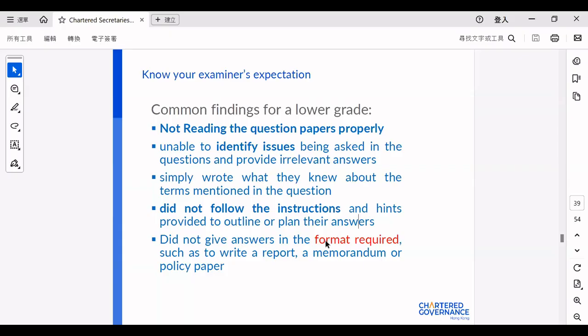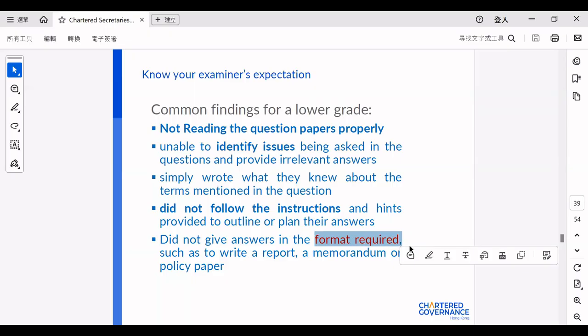Do not answer the questions outside the report format required. I think I've given you the example earlier that as a company secretary, you have to write a report to the board of directors. So you have to write in a report format, to prepare a paper for the chairman of the board, or for the board itself.